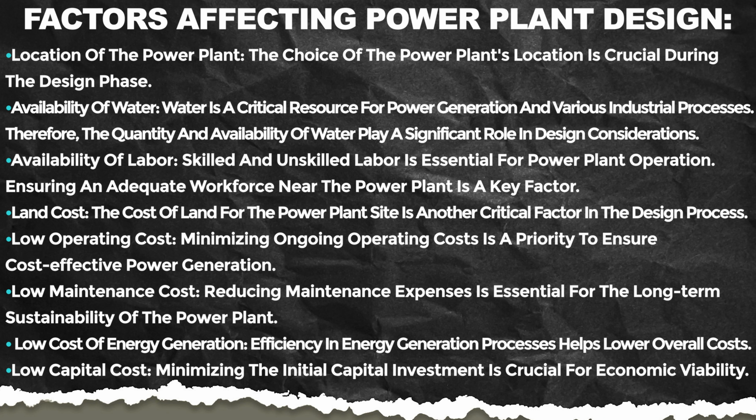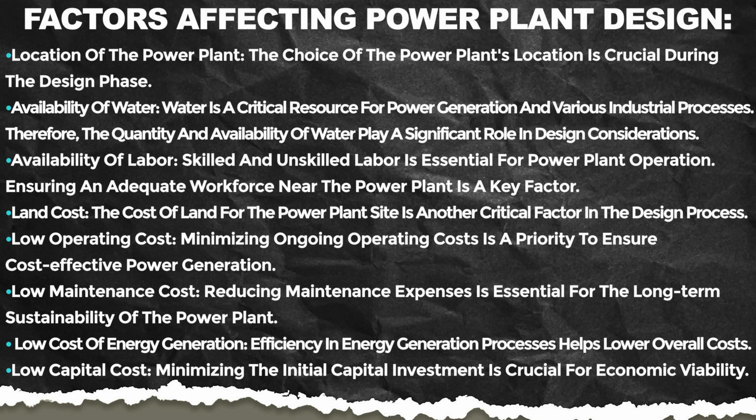Now, low operating cost. Minimizing ongoing operating cost is a priority to ensure cost effective power generation. Now, come to the low maintenance cost. Reducing maintenance expenses is essential for the long term sustainability of the power plant.